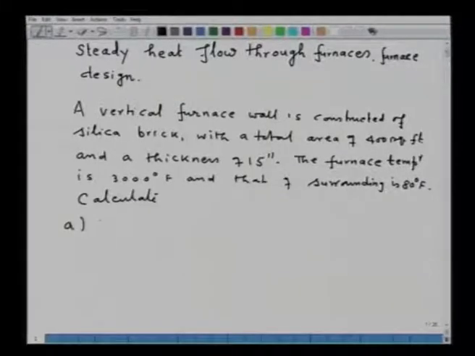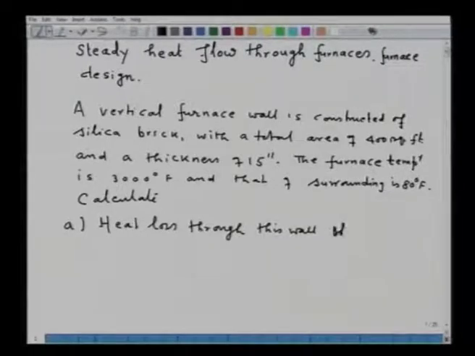Now, calculate A, heat loss through the wall, of course in British thermal unit per hour.